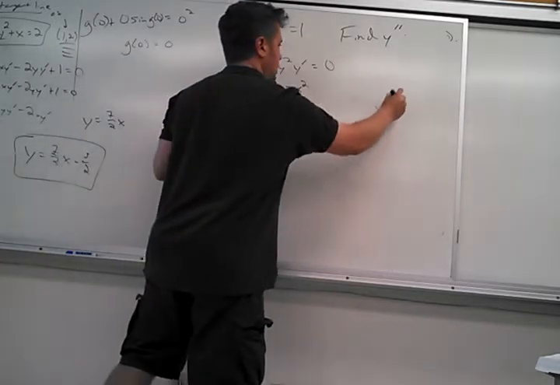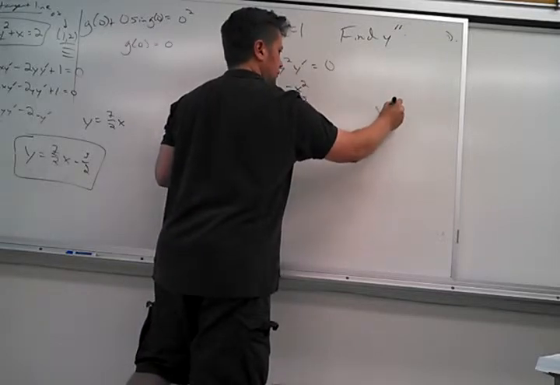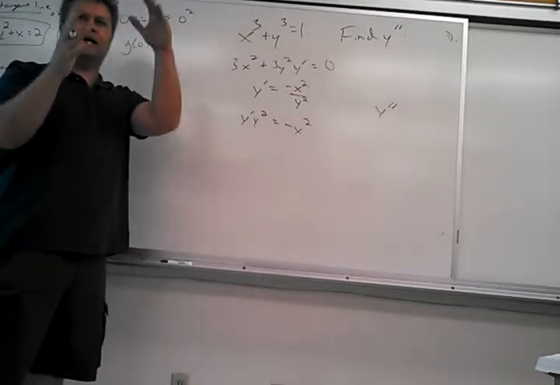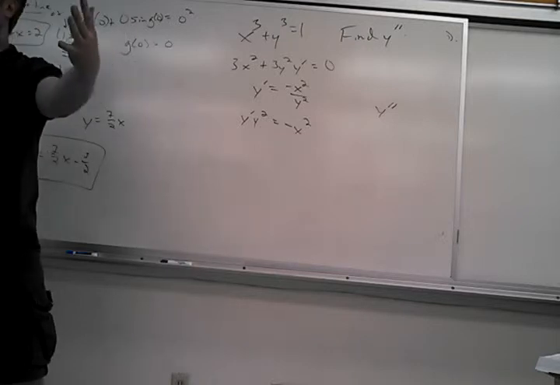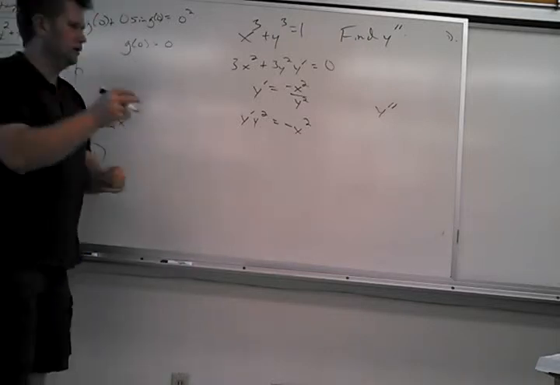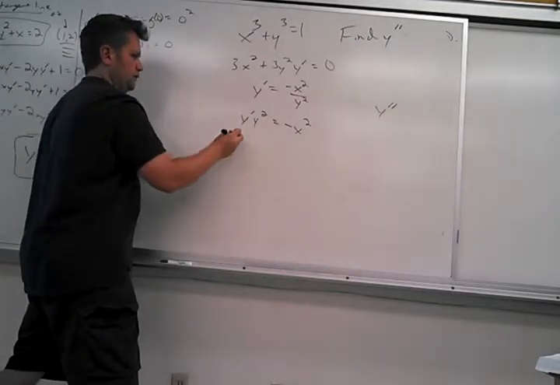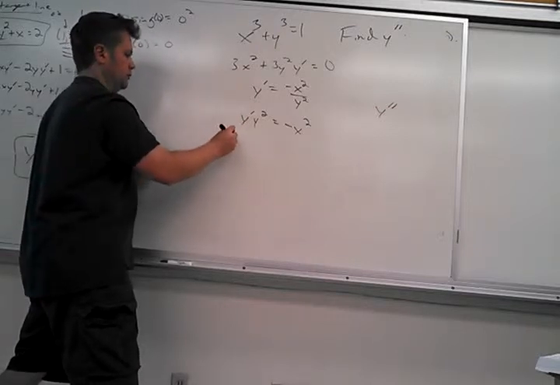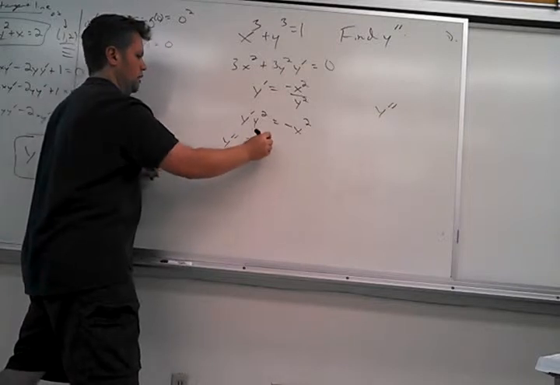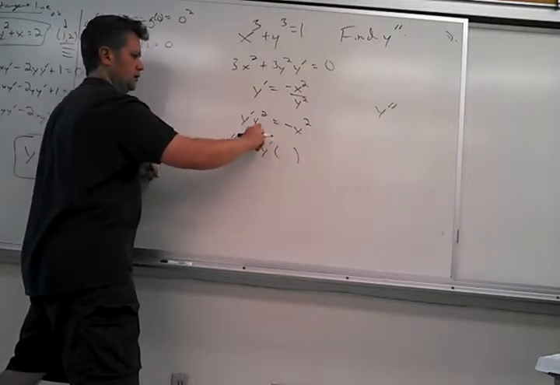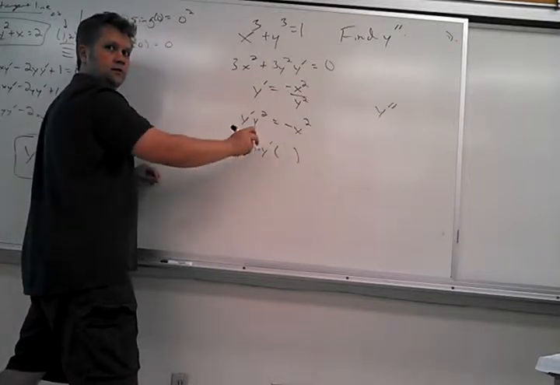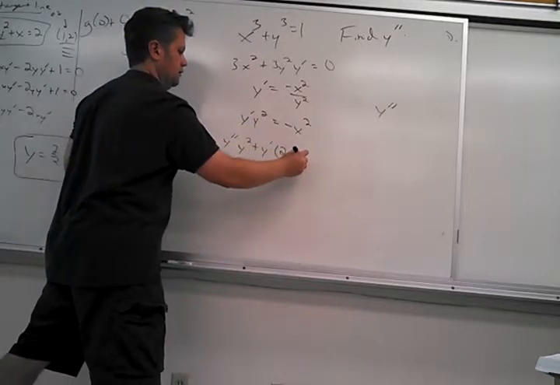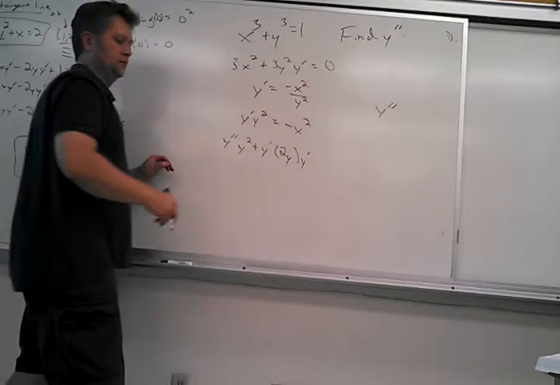Anywhere I see y prime, its derivative, of course, is going to be y double prime. But anywhere I see y, I still have to tack another y prime on. Still the same idea. So to do this guy's derivative, I mean the derivative of this, which is y double prime, times this, plus y prime times the derivative of this, which is 2y y prime.